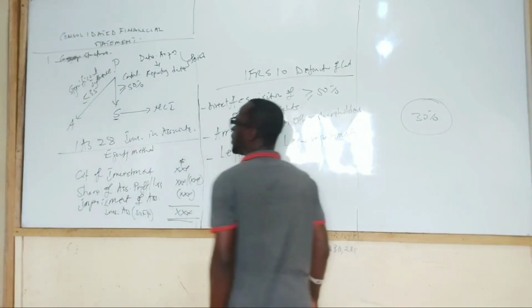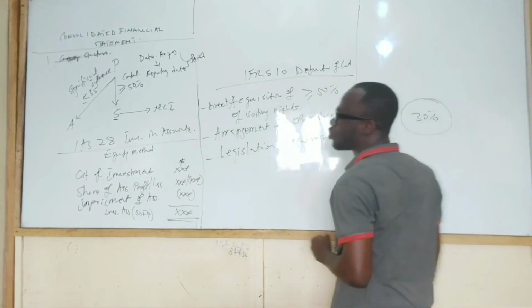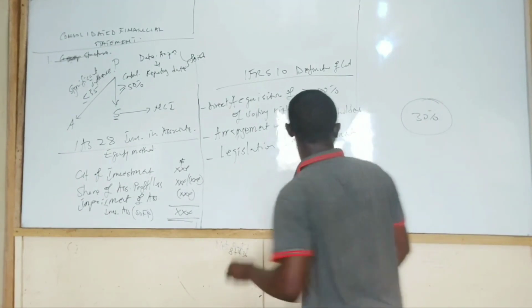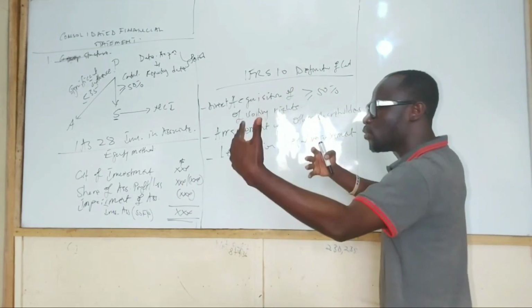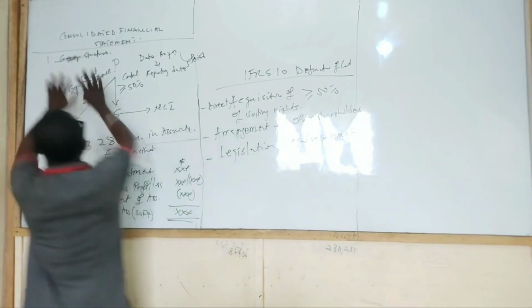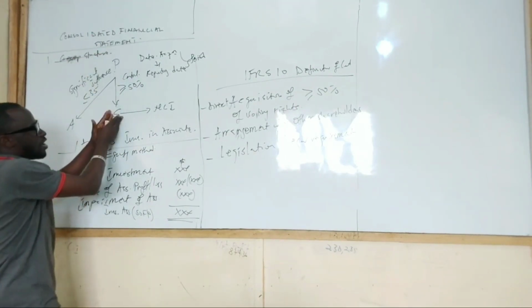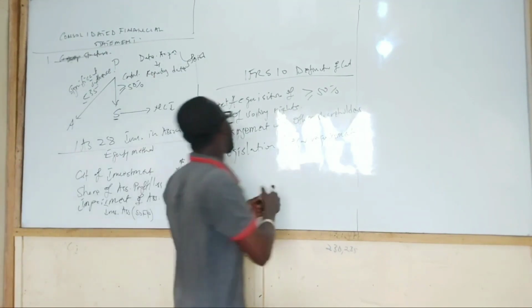After you determine the group structure, the next thing to identify is the net asset. But this is where I'm going to start the distinction between simple group and complex group structure. In a simple group structure, we have a parent and a subsidiary or an associate. But in a complex group structure, it is going to be different.